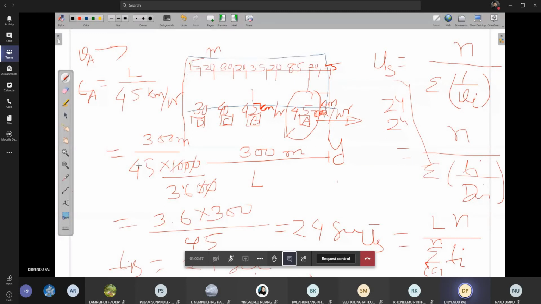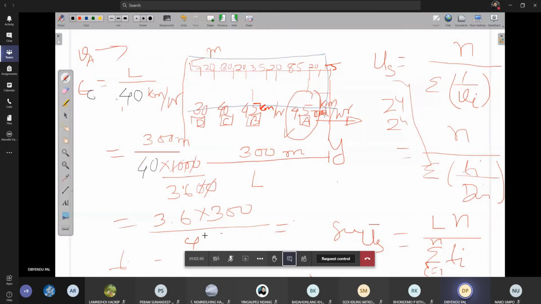Now find out for vehicle C. For vehicle C, how much will it be? What was the speed? Speed was 40. For vehicle C, it was 40 kilometer per hour.